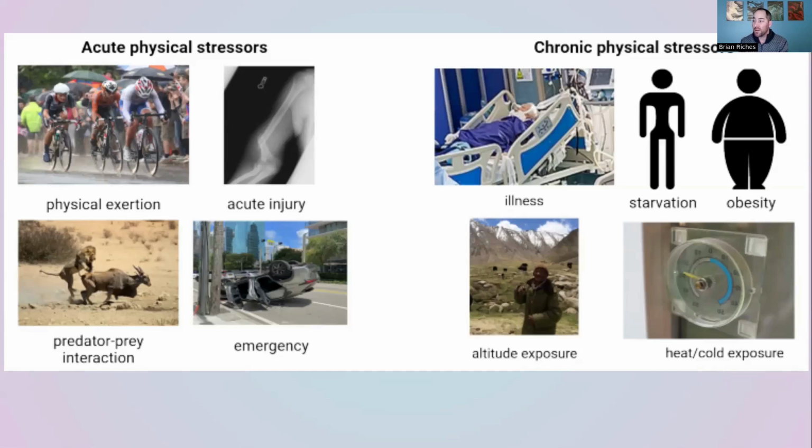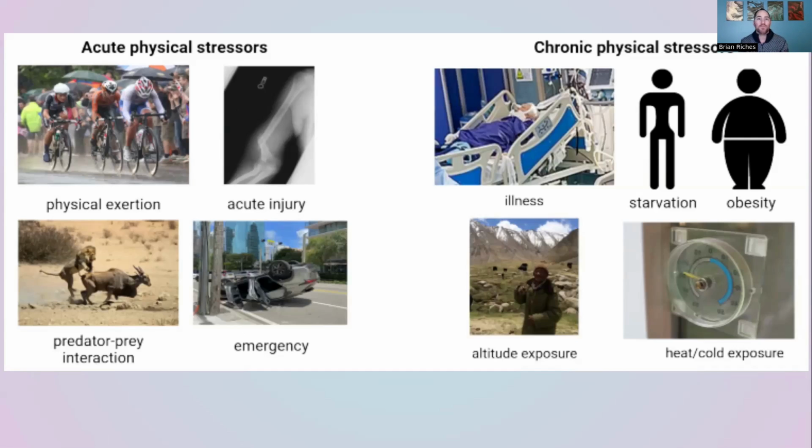But we also see chronic physical stressors. You can have chronic illness, or an illness that lasts just a couple of weeks. Also starvation, obesity. These put stresses on your body: not as many nutrients, too many nutrients, too much weight, not enough for what you need your body to do. Altitude exposure too.